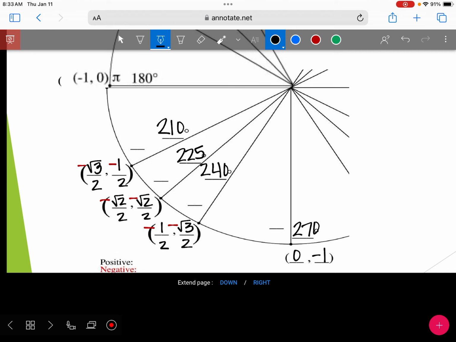So let's fill in the radians. For the radians, this one is 7 pi over 6. And then this one is 4 pi over 3. I skipped one. Let me go back. And 5 pi over 4. And what is 270 in radians?